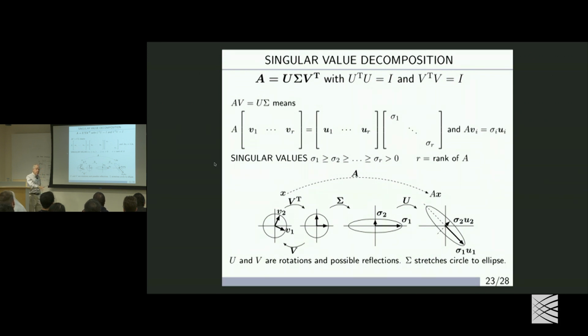And in between comes the diagonal matrix as usual, but the sigma matrix is singular values, different numbers. Well, we don't even have eigenvalues for these matrices. Okay, so that's what the singular value decomposition says.